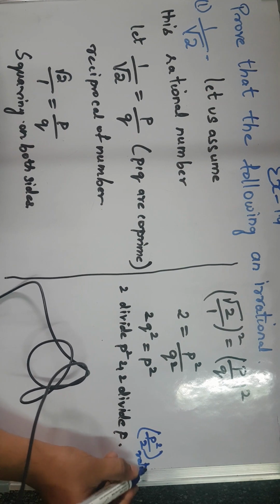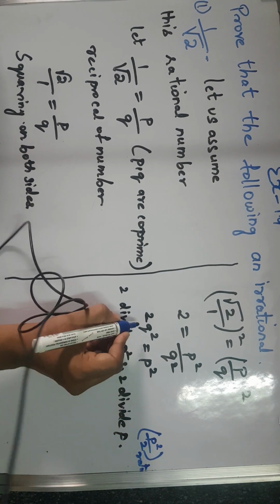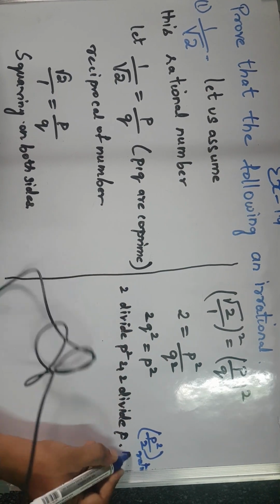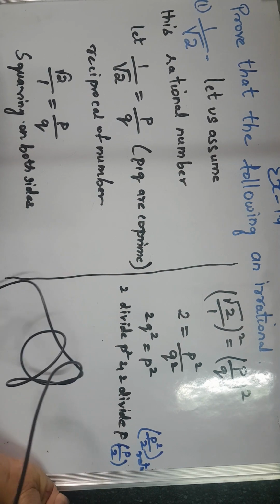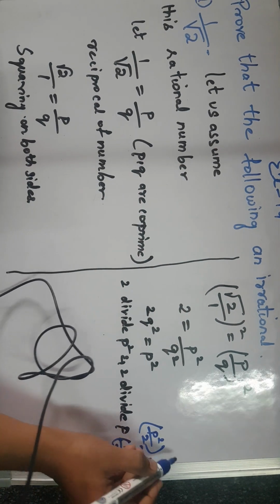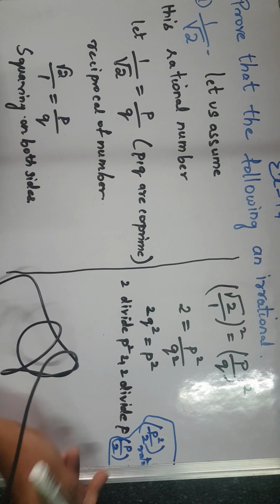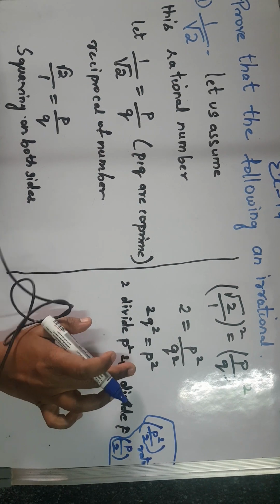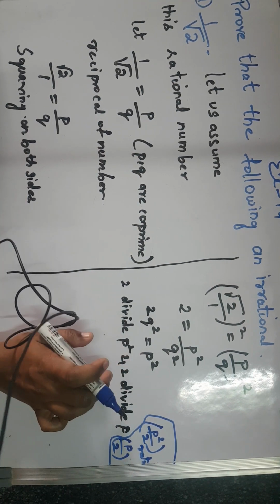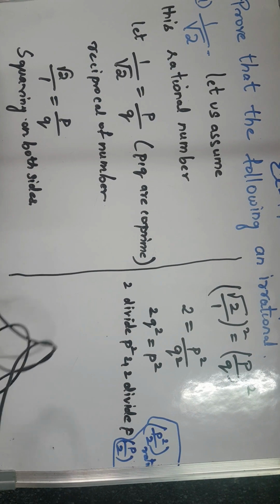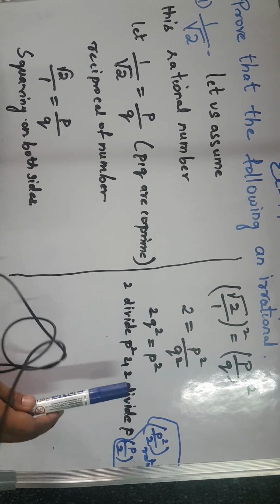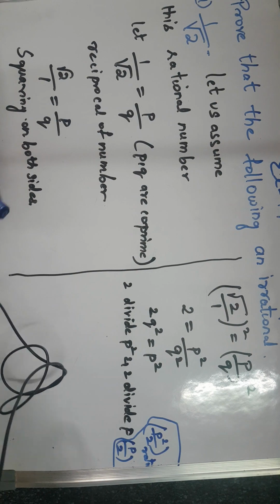So I am taking like this: 2 divides p square and 2 divides p. Divides means this is a rational number. That's why I am taking like that. So 2 divides p square, 2 divides p.